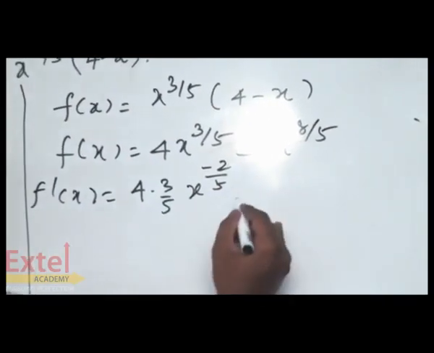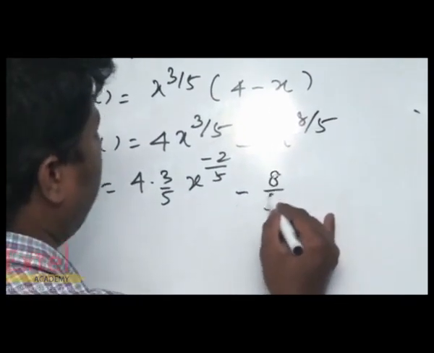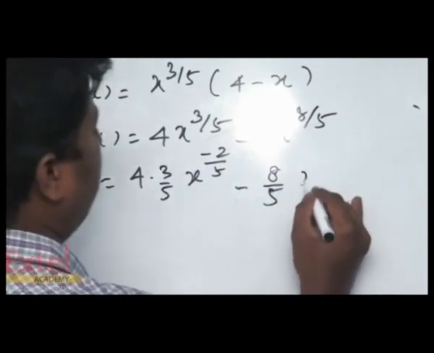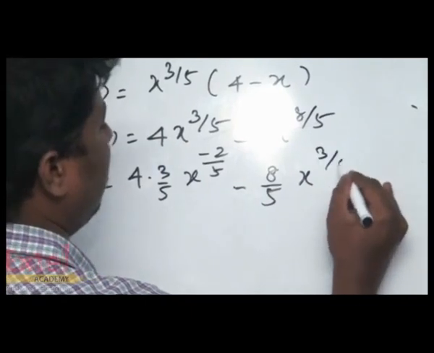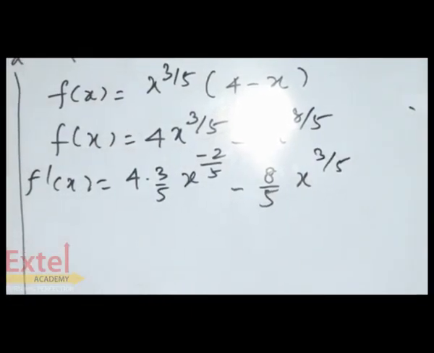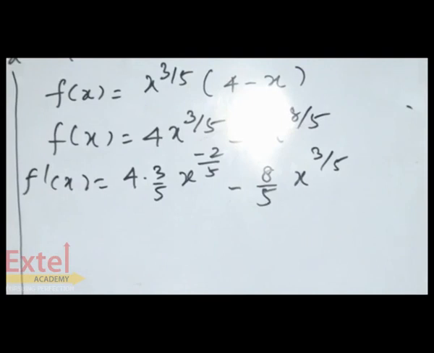Similarly, for x power 8 by 5 we get 8 by 5 into x power 8 by 5 minus 1, which is plus 3 by 5, because 8 minus 5 divided by 5 is 3 by 5.